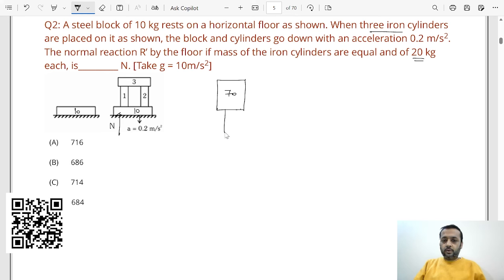Normal reaction from the ground, let us say, is N. Then mg acting down will be 70 g. We can write the simple force equation: downward force minus upward force equals mass into acceleration. So the normal reaction becomes 700 minus 14, which is 686 Newton. So option D will be the correct answer for this question.